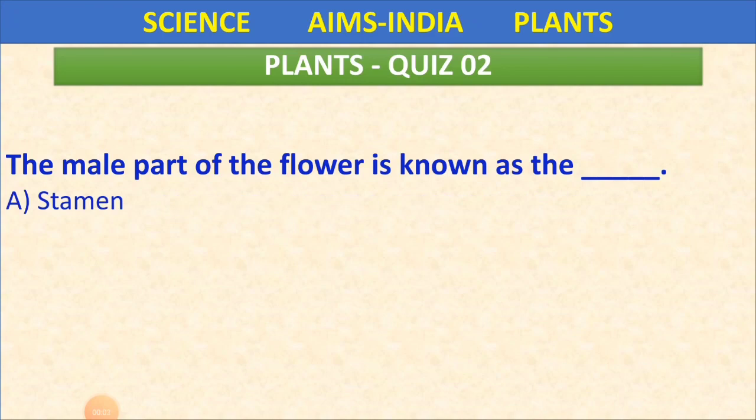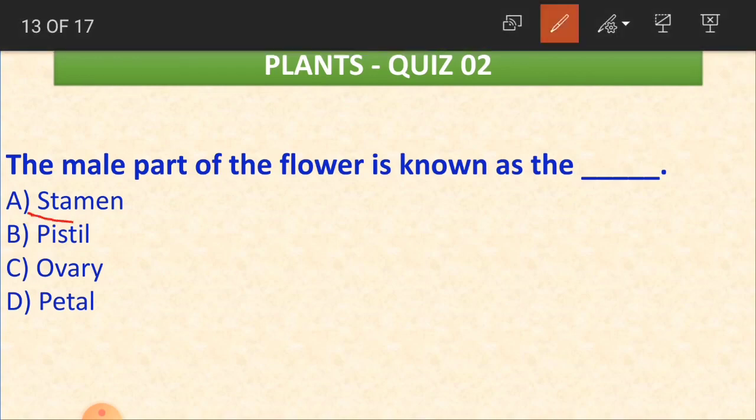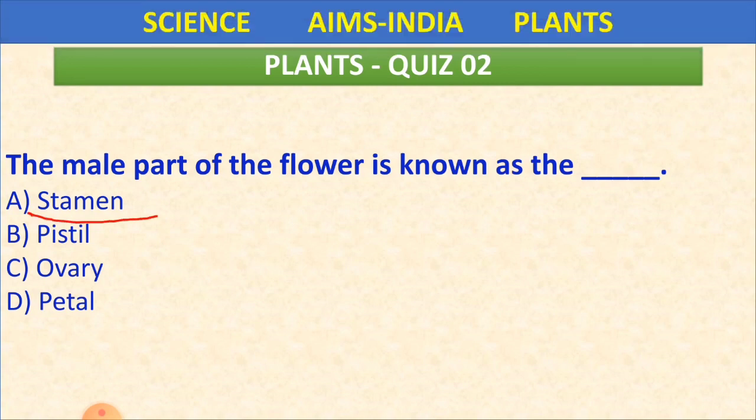Now the question is, the male part of the flower is known as the stamen, pistil, ovary or petal. What do we call the male part of the flower, children? Remember, we call it the stamen. The male part of the flower is known as stamen.